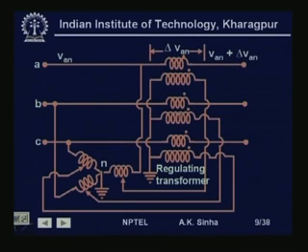The same thing happens in all the 3 phases, and therefore, the secondary voltage gets increased by the amount of the voltage that we have injected. This is the way we use the regulating transformer for increasing the magnitude of the voltage at the secondary of this regulating transformer.